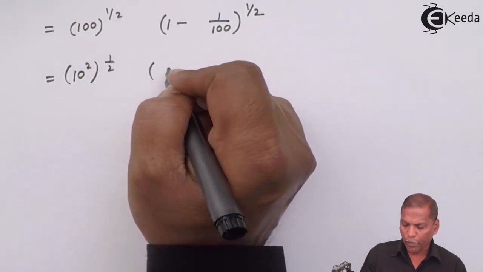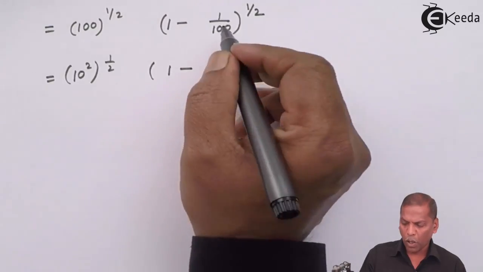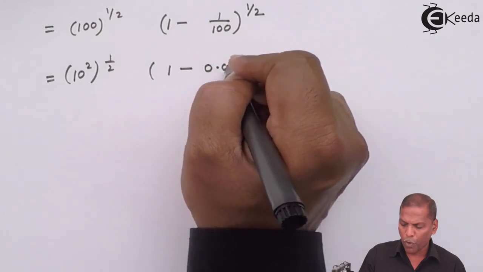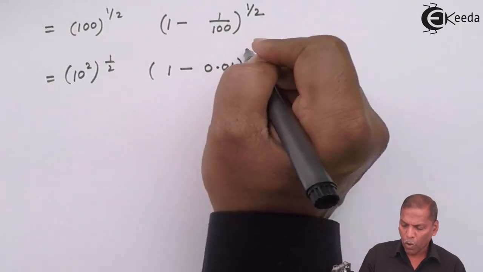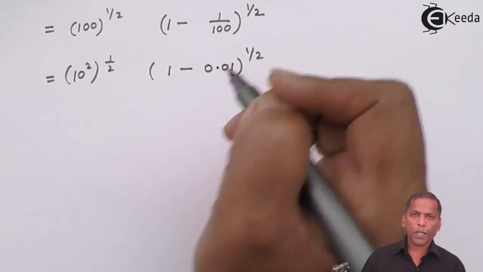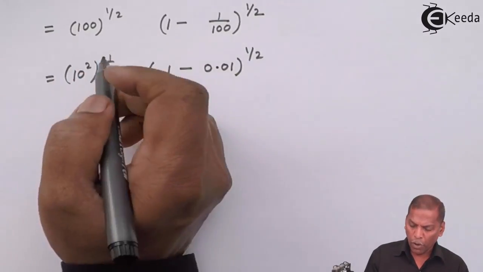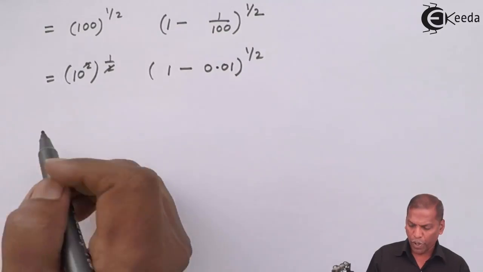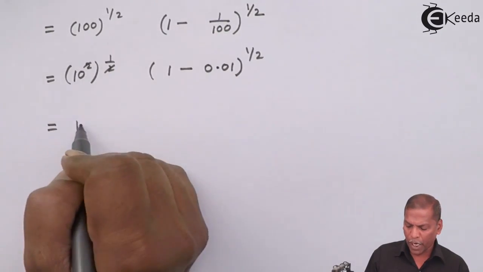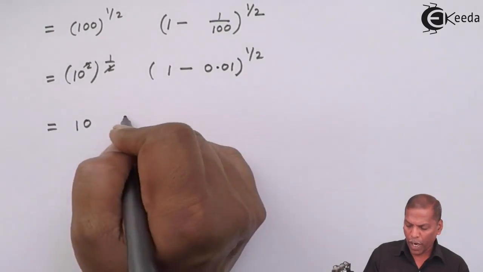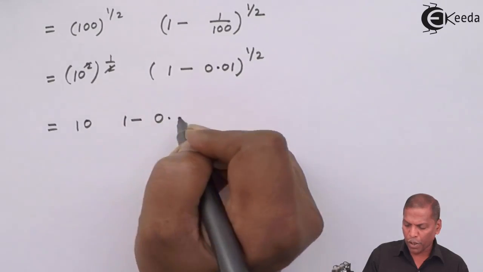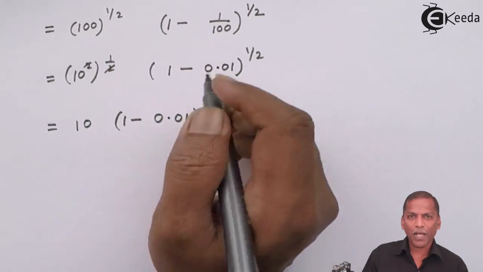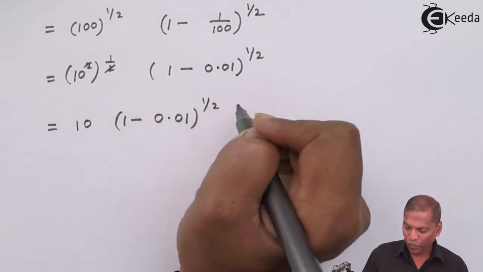And in bracket we write 1 minus, now 1 upon 100, that gives us 0.01 whole bracket raise 1 by 2. Now we will cancel 2 from power, so we get 10 raised 1, that is 10. In bracket 1 minus 0.01 whole bracket raise 1 by 2.